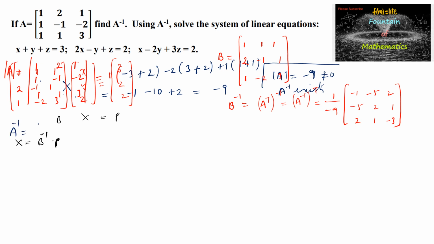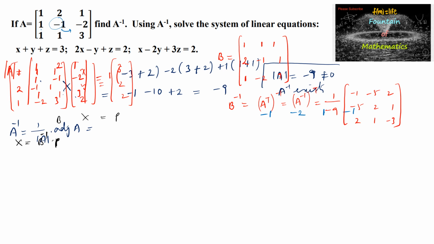Now A inverse is equal to 1 by det A into the adjoint of matrix A. So let us find the adjoint of the matrix. From the matrix A, consider from the second row, second column element minus 1, then minus 2, then come to the first element 1, then end up with minus 1. This is from the second row.